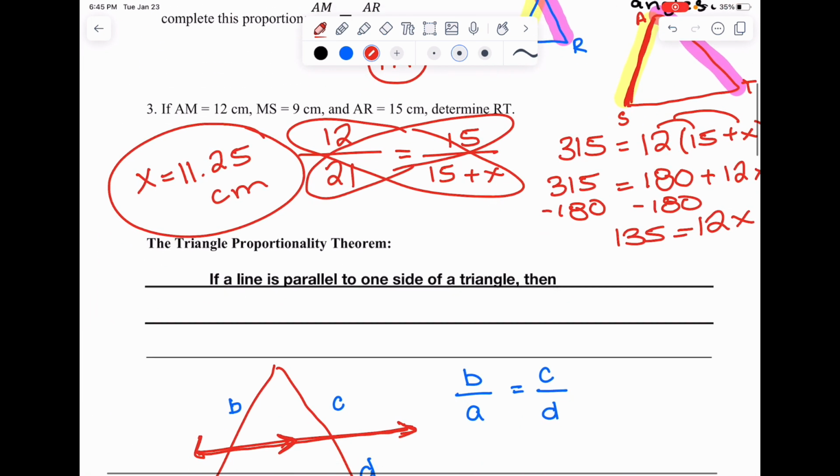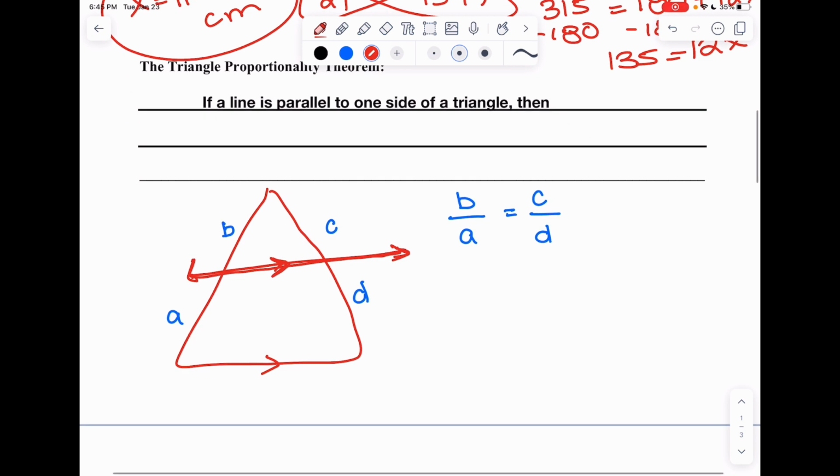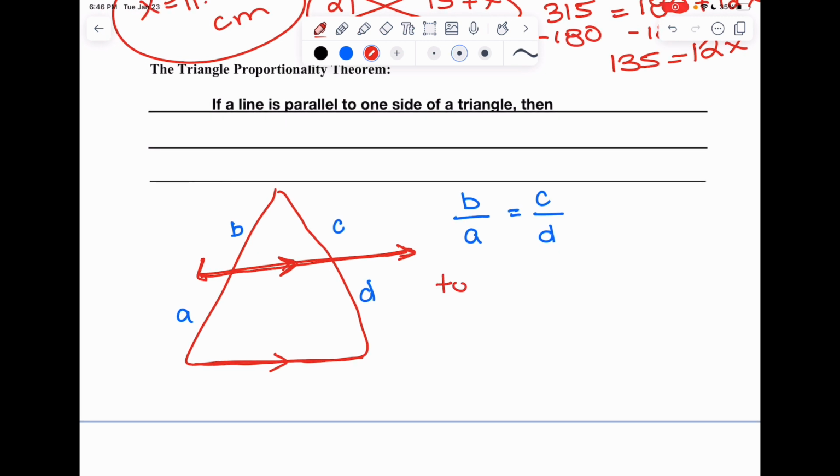So, if we know that this line is parallel to the third side of the triangle, we can set up our proportion as so. And a way I like to remember it is by saying top over bottom. So the top measurement over the bottom measurement equals top over bottom on the other side.